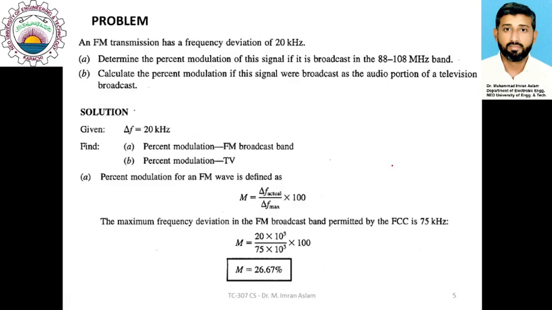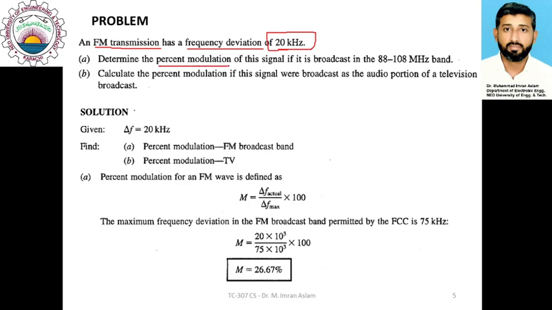Okay, let us take another simple problem here. For a specific FM transmission used in a specific region, we are given that the frequency deviation is set to 20 kilohertz. So the frequency deviation used in the FM transmission is 20 kilohertz, and we want to find the percentage modulation.